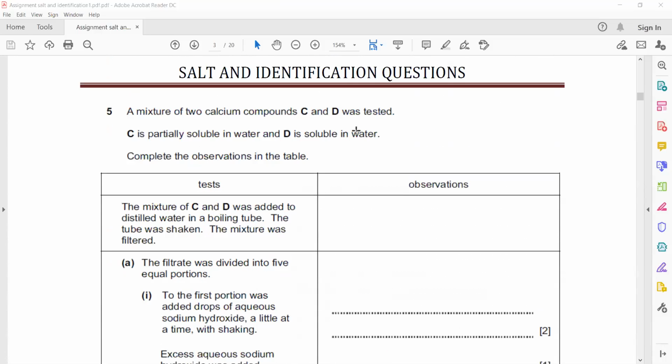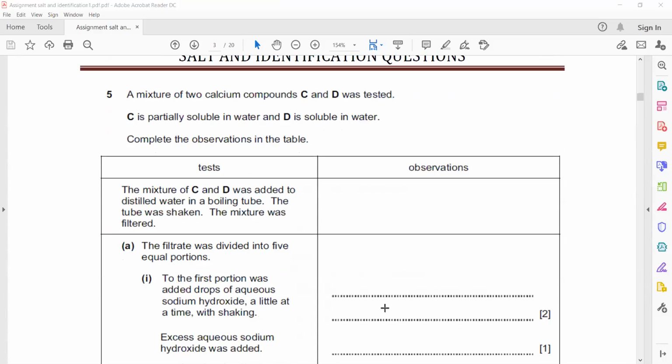So you have two compounds which contain calcium, C and D. Compound C is partially soluble, a small amount is soluble, and D is completely soluble. The mixture of C and D were added to distilled water in a boiling tube, and the tube was shaken and the mixture was filtered. The filtrate was divided into 5 equal portions.